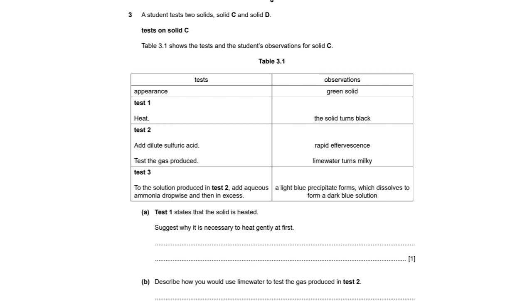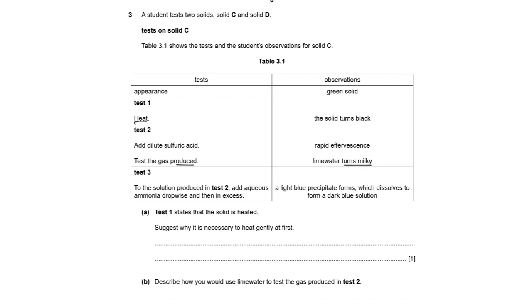Okay, so a student tests two solids, solid C and solid D. The table shows the test and the student's observation for solid C. So appearance, it's a green solid, and you have heated it, and the solid turns black. Then you added acid to it. There's a gas produced. So the solid can either be a metal or a metal carbonate.